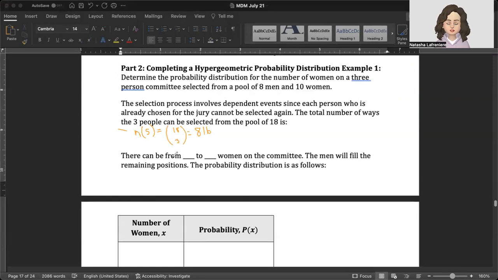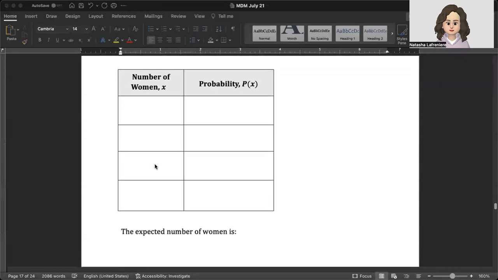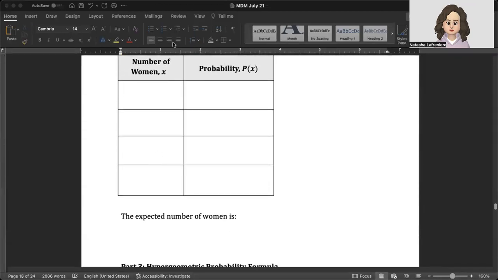So there can be from 0 to 3 women on the committee. The men will fill the remaining positions. The probability distribution is as follows, so we fill out this table below. The number of women is X: 0, 1, 2, and 3.